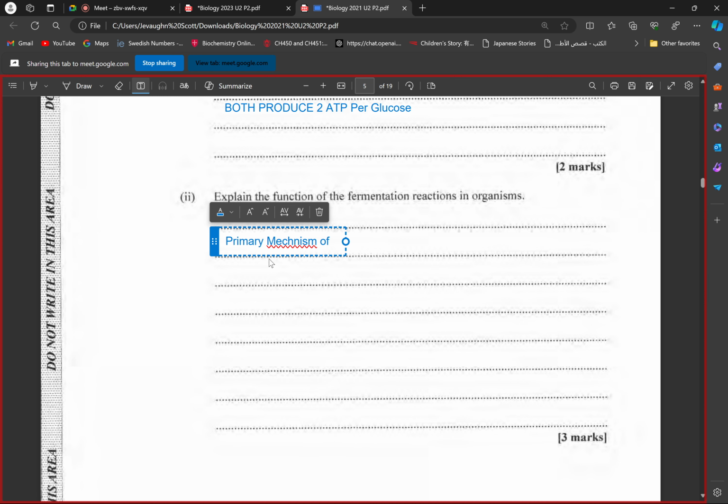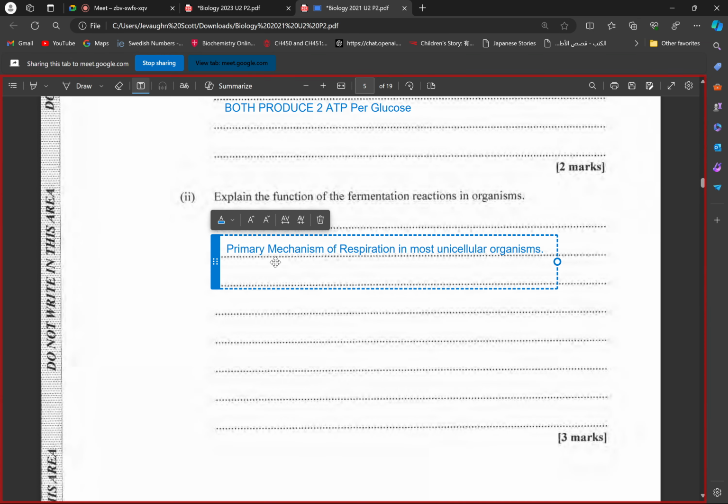Well, I would believe so. So it's to break down sugar, but that's not generally it though. That's the focus of all respiration, right? But what is the main function of fermentation specifically? To continue the production of energy while oxygen is not present.